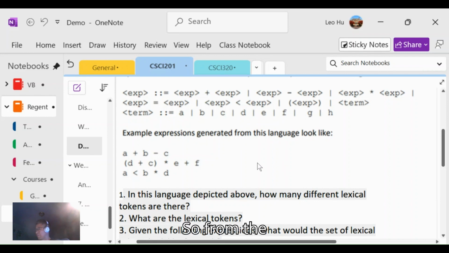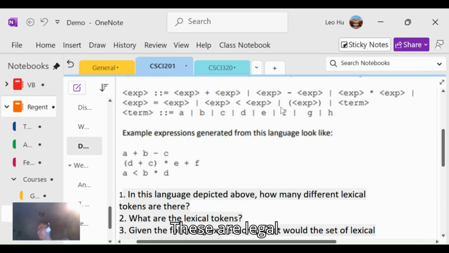So from the definition of expression and term, we know that add is an operator, right? Subtract, multiply, equal, less than or smaller than, and the parentheses. These are operators, or like parentheses is punctuation.